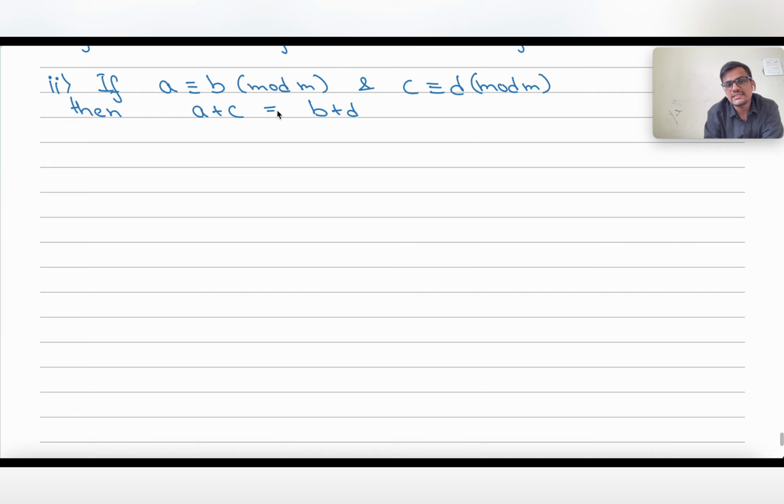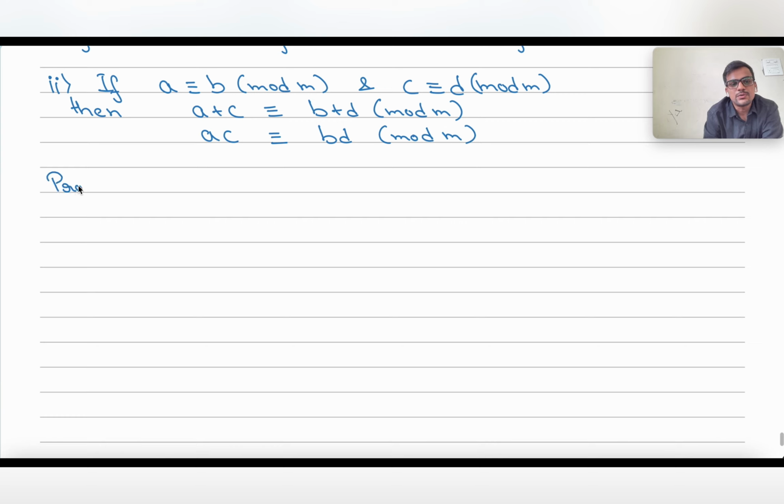The result says that this will also be congruent modulo M, and if you multiply these two, that is AC and BD, they will also be congruent modulo M.